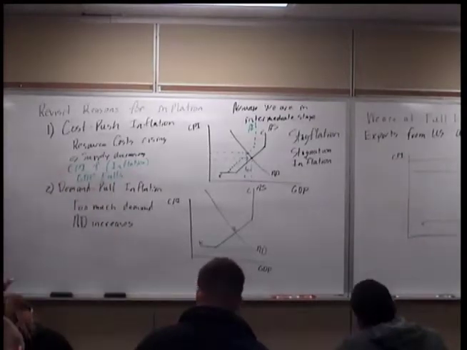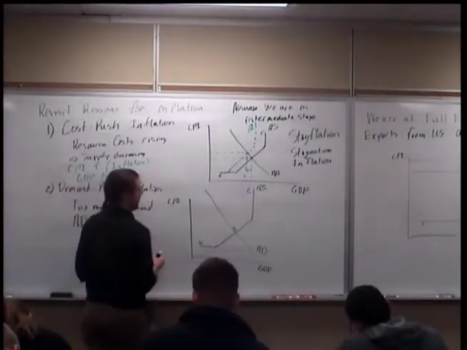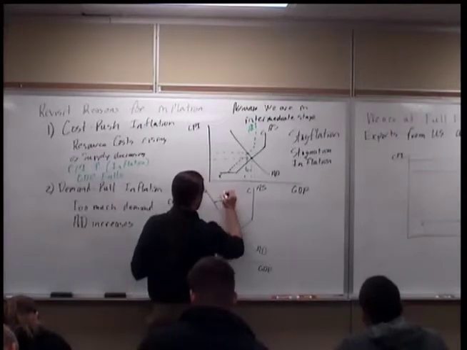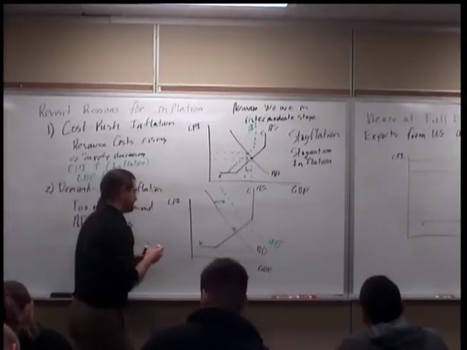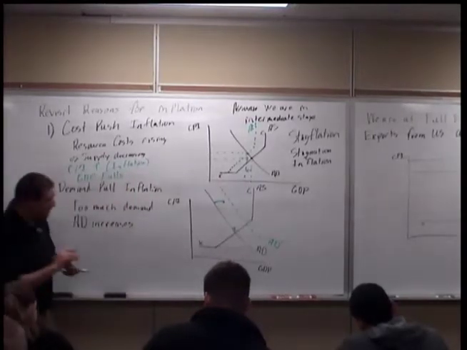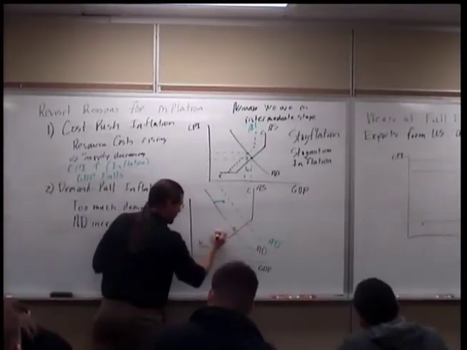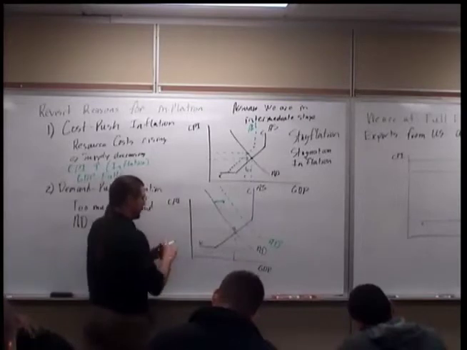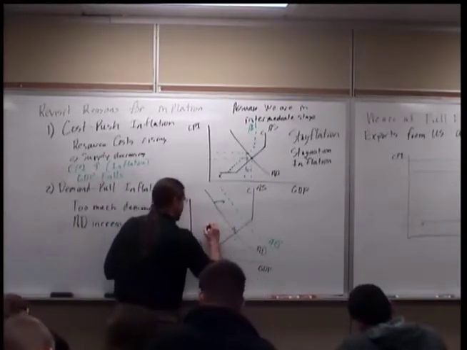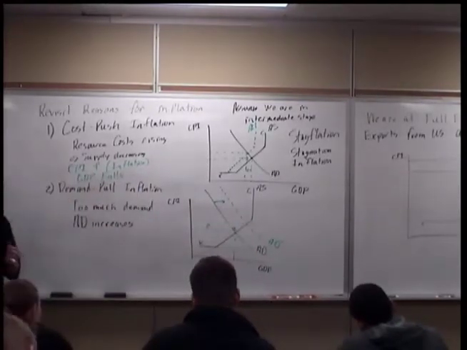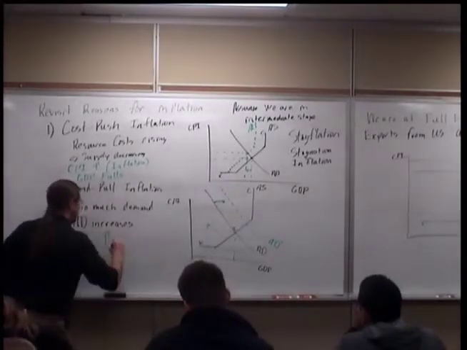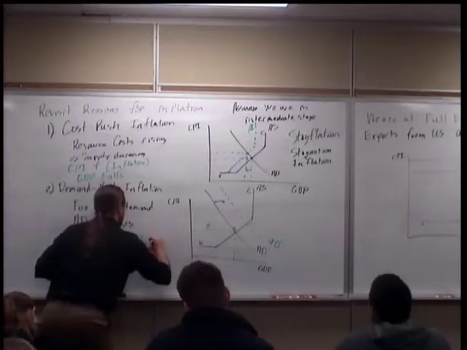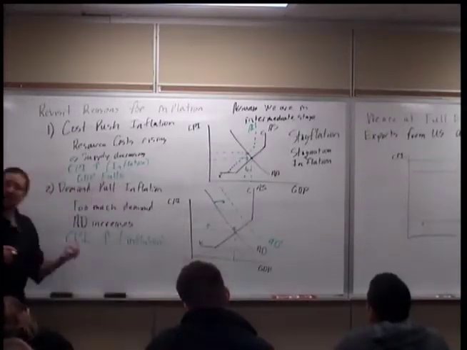So when we shift aggregate demand to the right, here's our new aggregate demand. What happened to prices? Here's our old, here's our new. So yes, CPI went up because we said there was inflation, so duh. CPI increases, hence inflation.